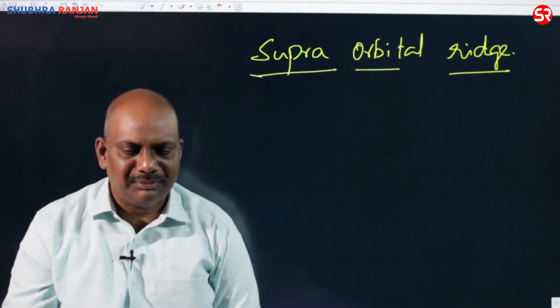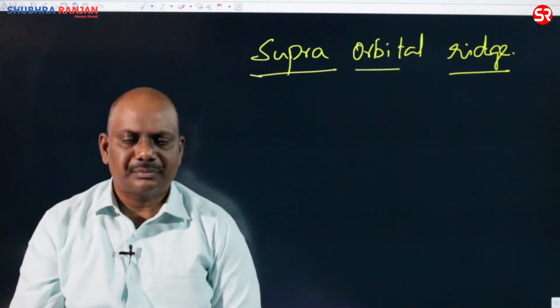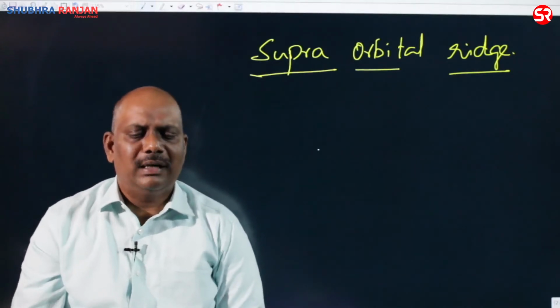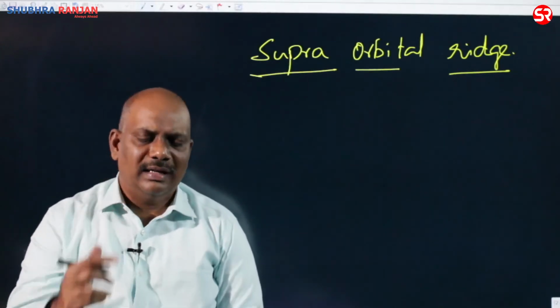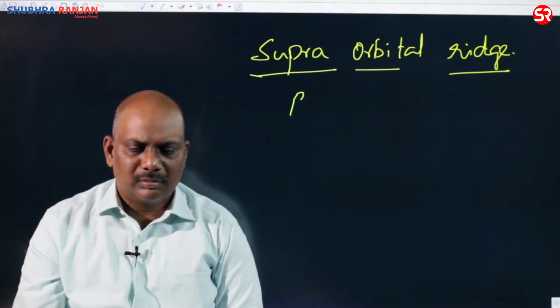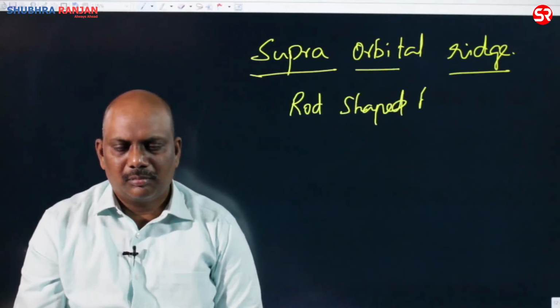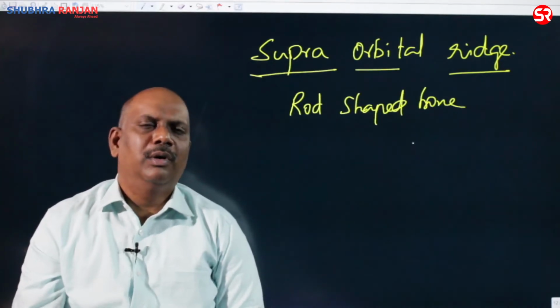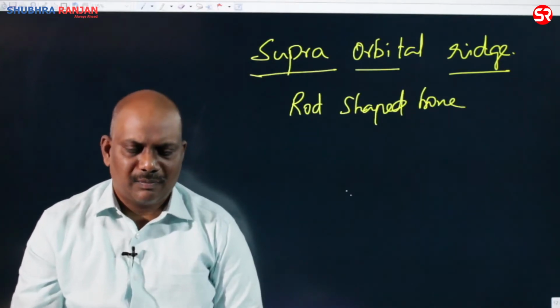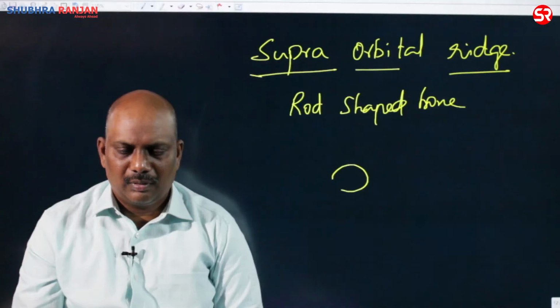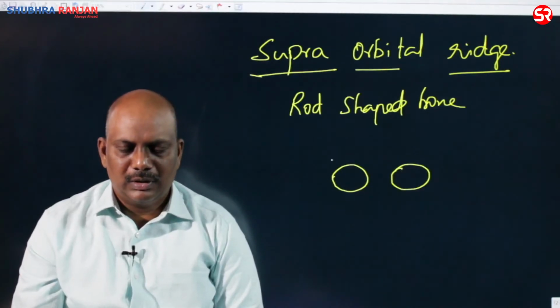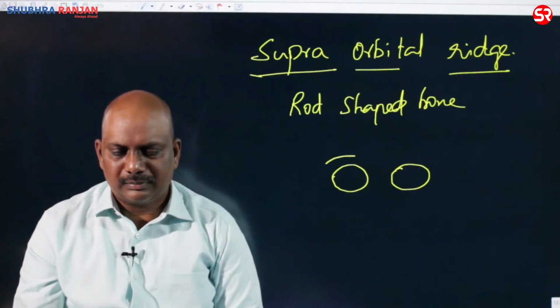Okay, supraorbital ridge. So supraorbital ridge refers to a rod-like bone found just over the orbits.